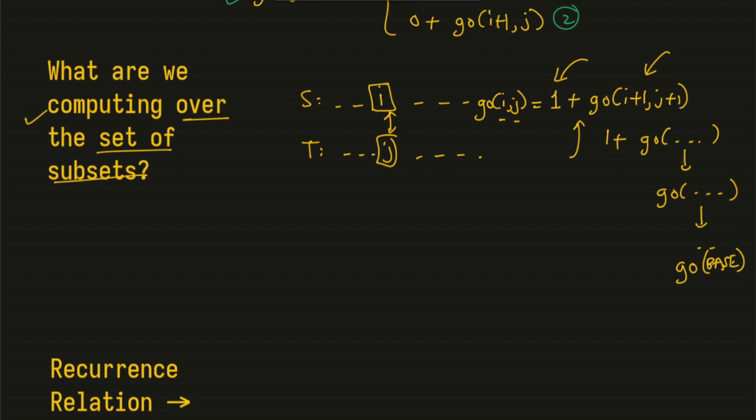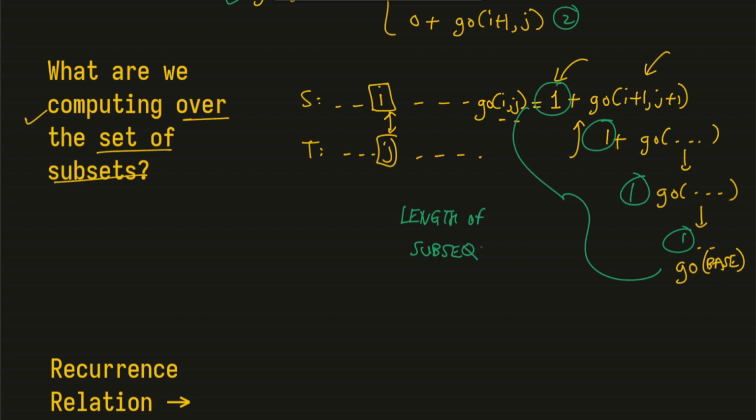And eventually all of these values that we are adding here would be added to find out the length of the subsequence, which is the answer that we want for this problem. And hence this is the main value that we are computing, and it should be the return value of the function that we are calling here.